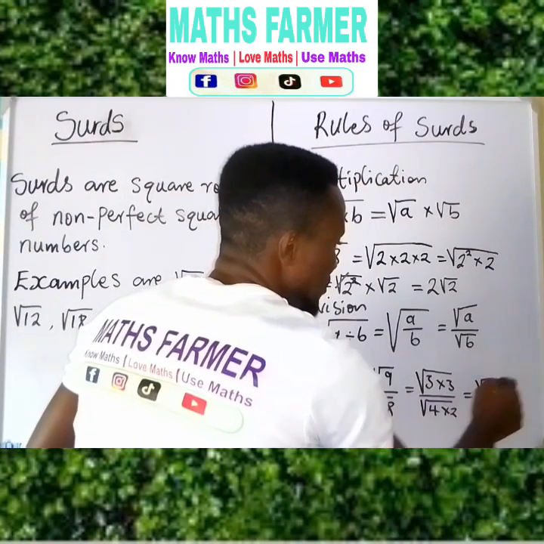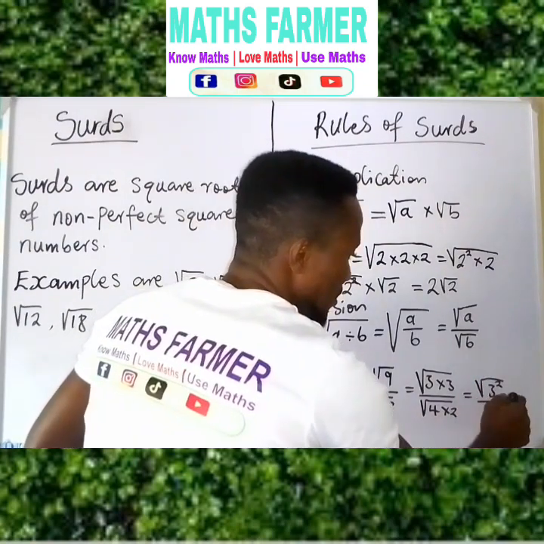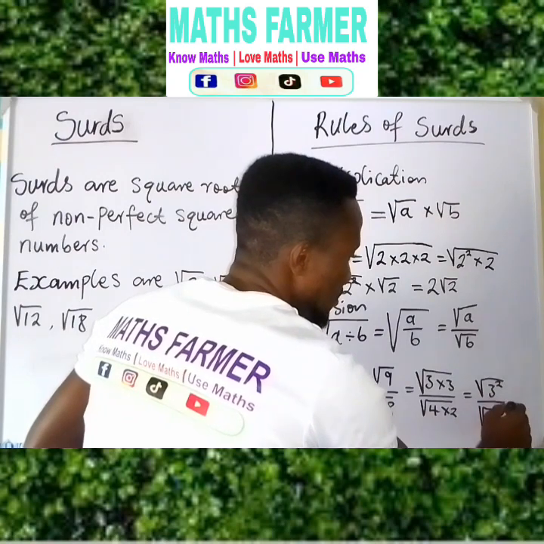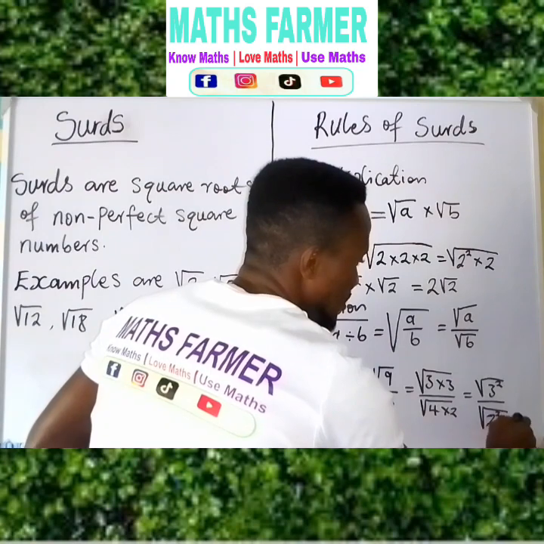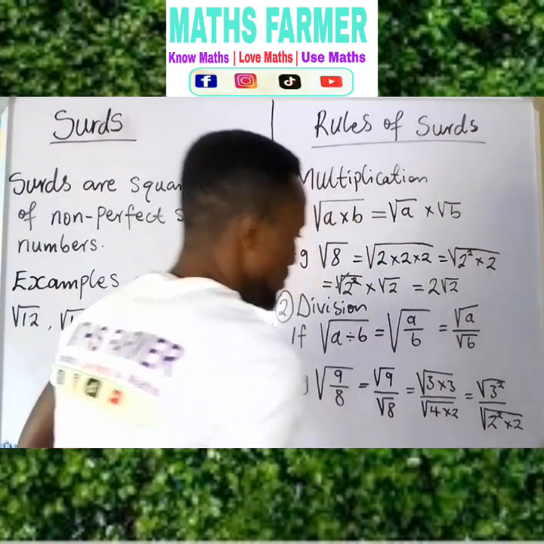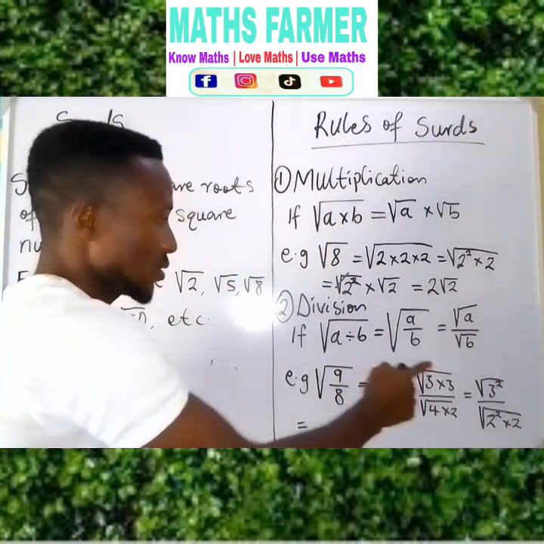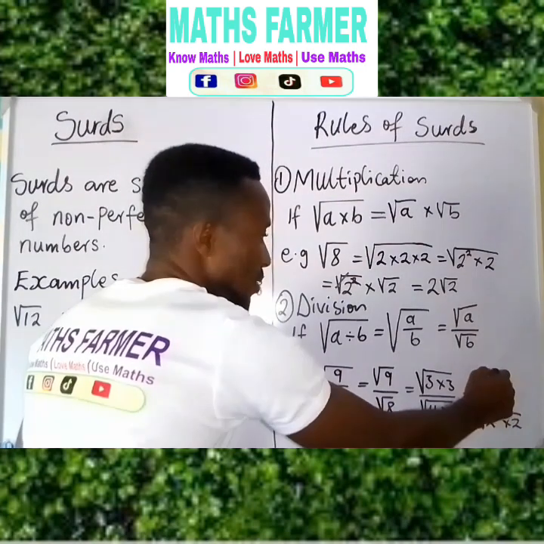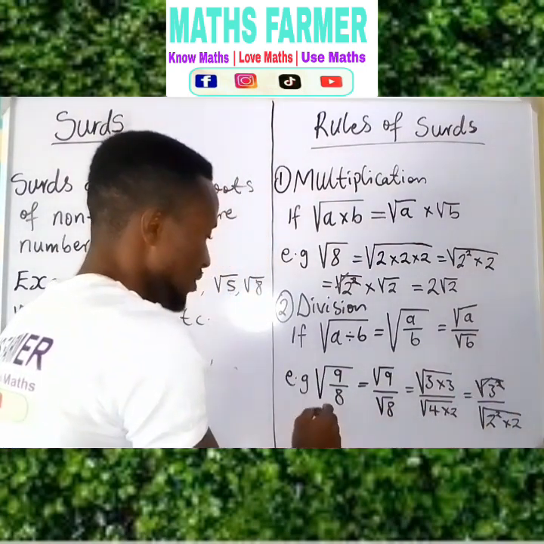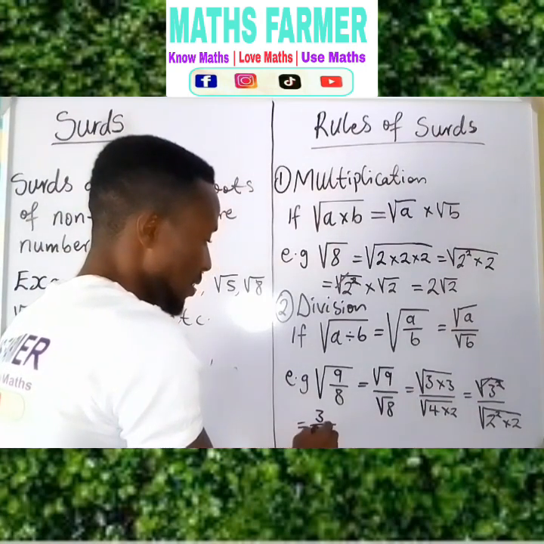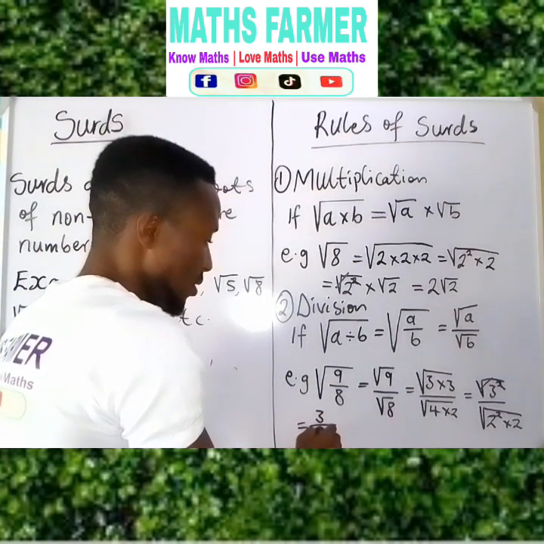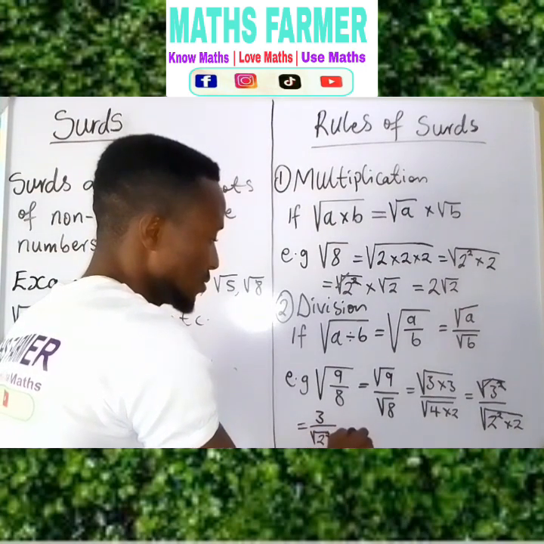So which will give us 3 raised to the power of 2, over 2 raised to the power of 2 multiplied by 2. Moving forward, the square here will cancel the square root, giving us 3 over, I separate, the square root of 2 raised to the power of 2 multiplied by the square root of 2.